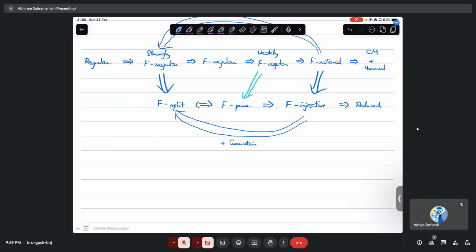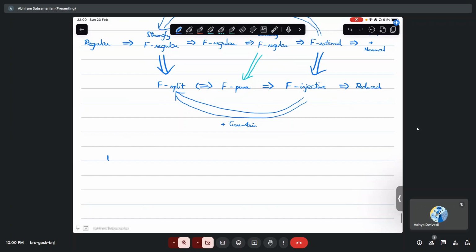One example which I can give immediately is, example, let R be K[X,Y] modulo the product XY.